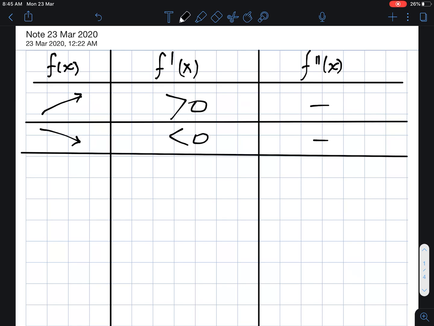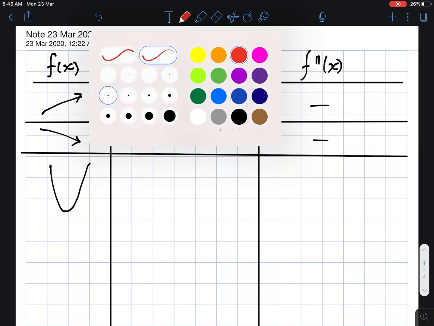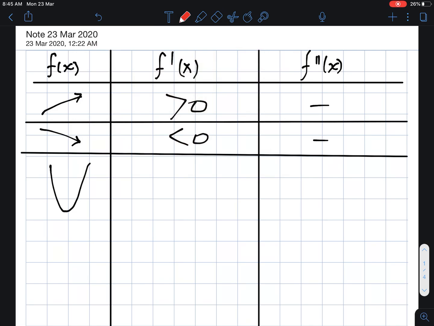It could be anything. The third case is when f of x is concave up. If f of x is concave up, we need to track the tangent. If we track the tangent, we can track f prime of x.